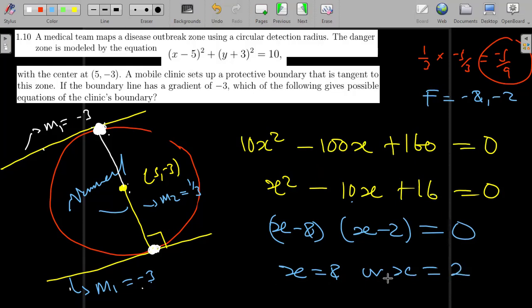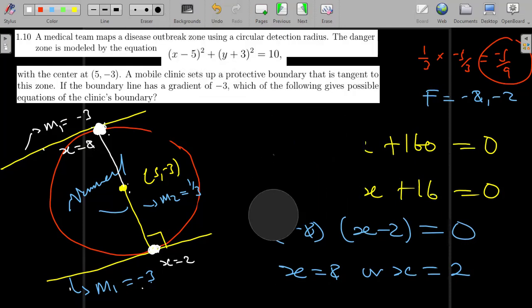Remember, we had 2 points where the tangent lines are meeting. So we can say here is where you have x is equal to 2, and there you have x is equal to 8. We need to find the corresponding y values.